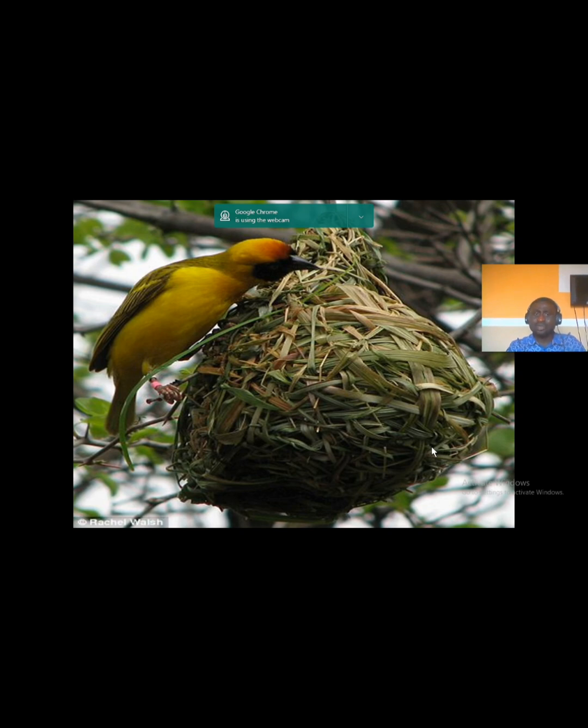Other bigger birds tend to feed on the smaller birds, or you have other animals that feed on them. It is discovered that over time, when predators continue to hunt around here, this bird might no longer be safe in this nest. So it gives room for it to either migrate to stay alive or be preyed upon. And when it's preyed upon, the law of natural selection has taken place.